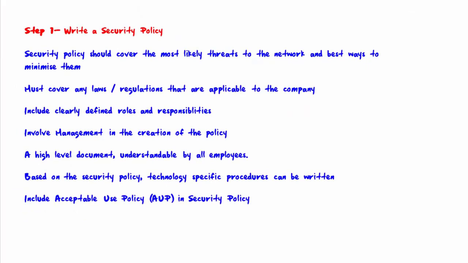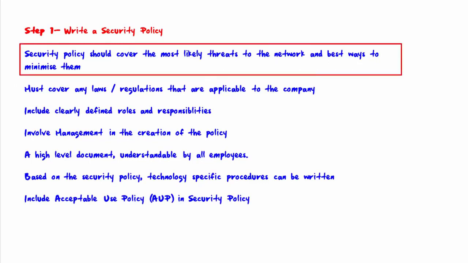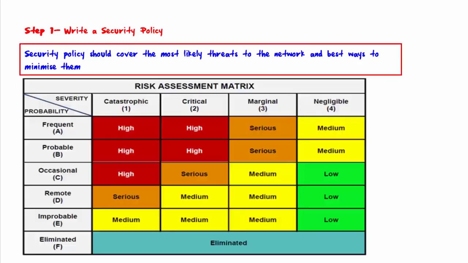Welcome to Step 1. Write a security policy. A security policy should cover the most likely threats to the network and the best ways to minimize them. A risk assessment may be used to determine how likely specific threats are.